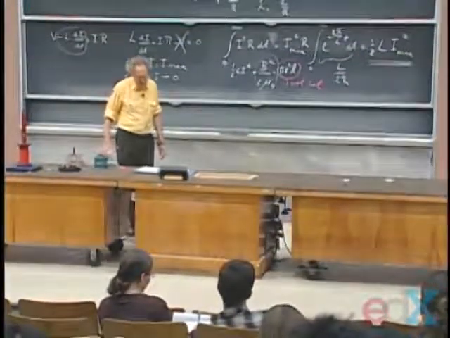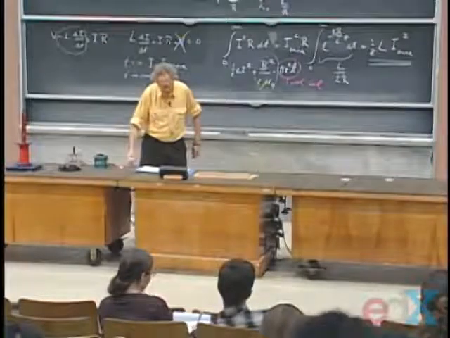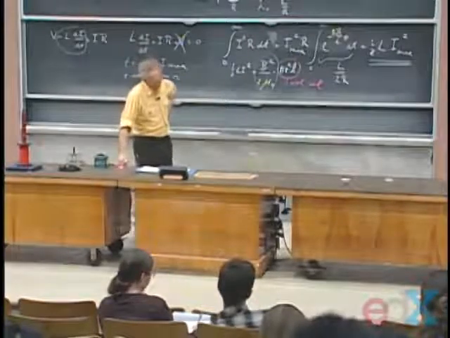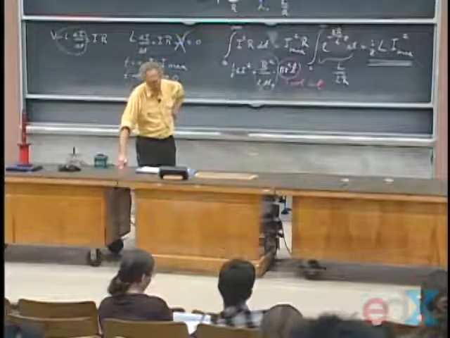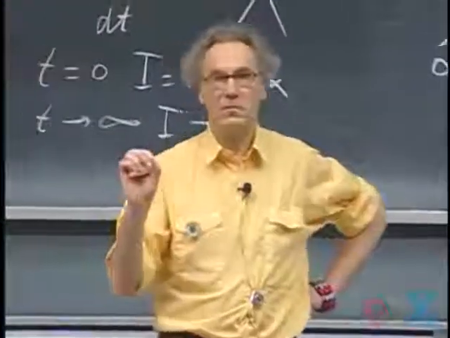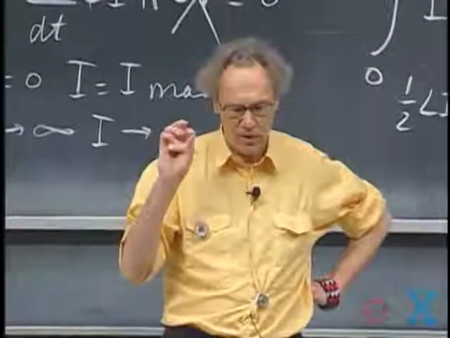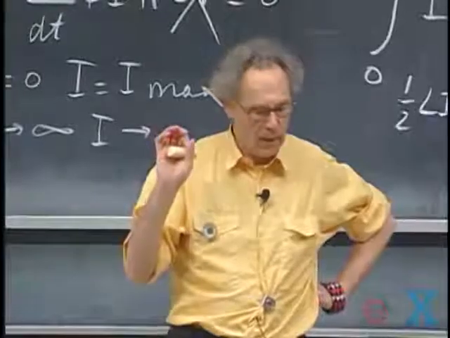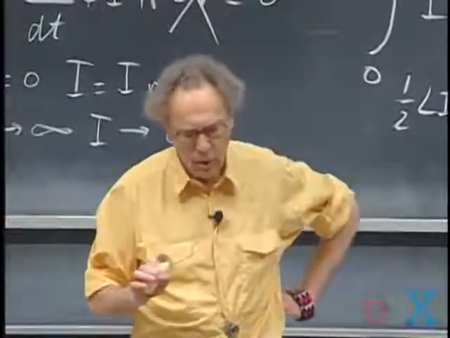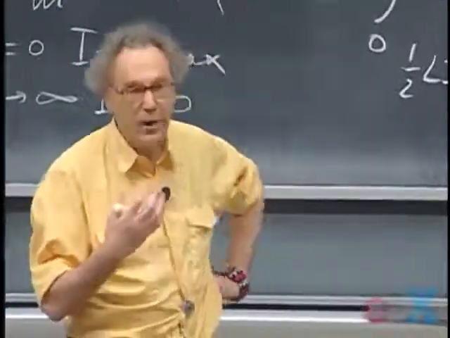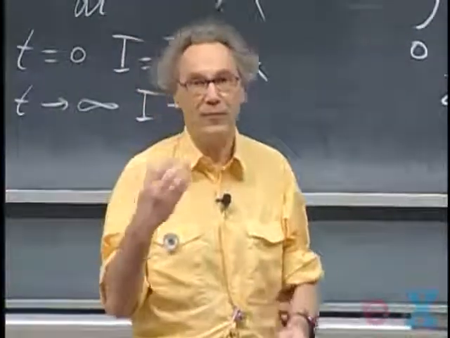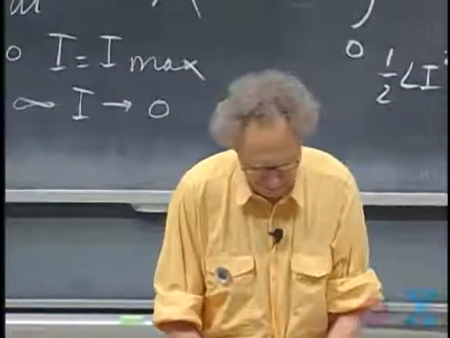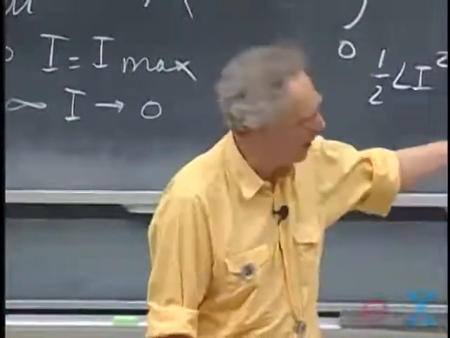In the case of a magnetic field, it represents the work that I have to do to get a current going inside a pure self-inductor. That means the resistance of the self-inductor is 0. And it takes work because the solenoid will oppose the building up of the current. And so I have to do work. So there is a parallel between the two.